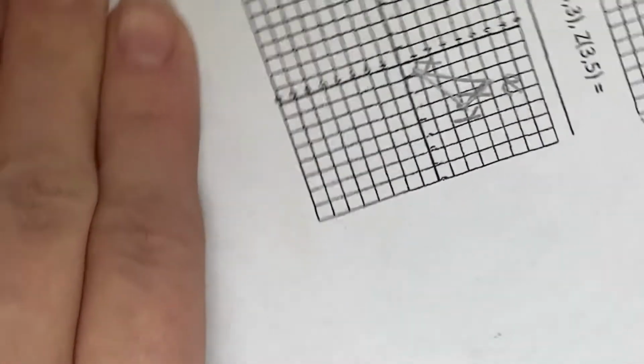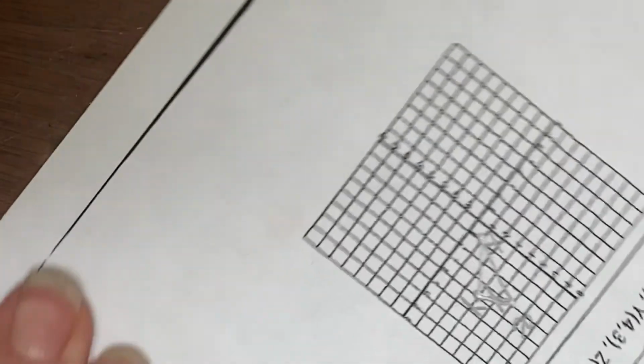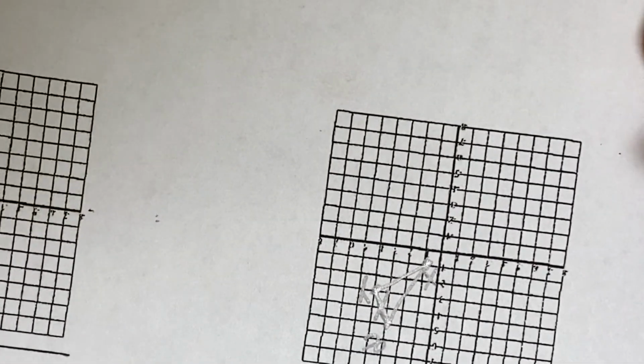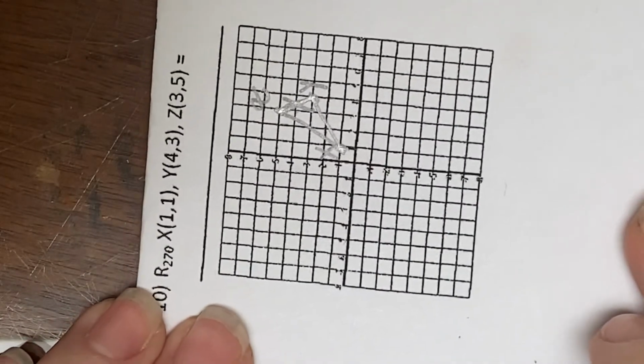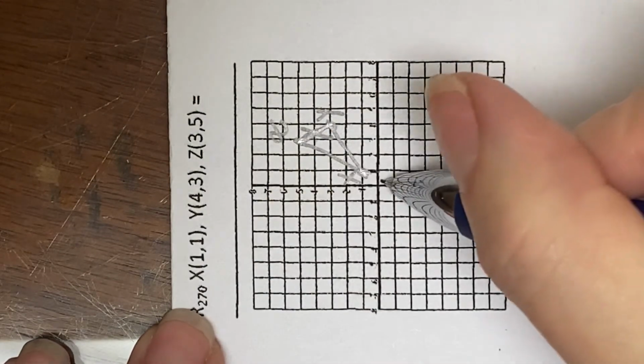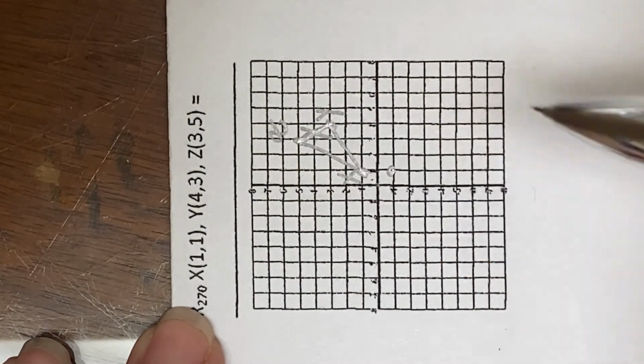So this would be 1 turn, 2 turns. I'll spin it one more time. All right, so 3 turns would look like this. And plot your points from the origin. So 1, 1 means go right 1, up 1.